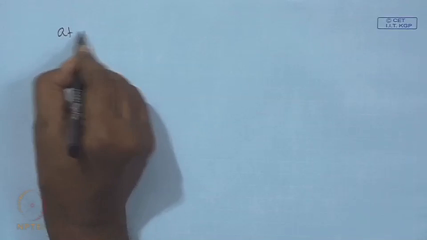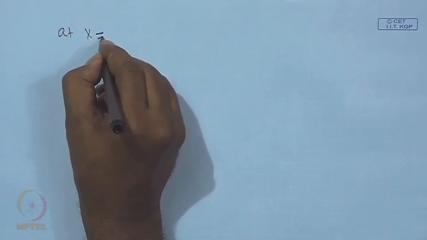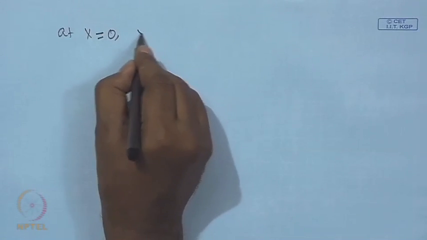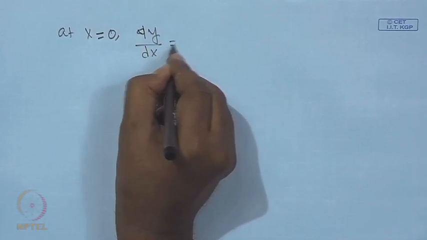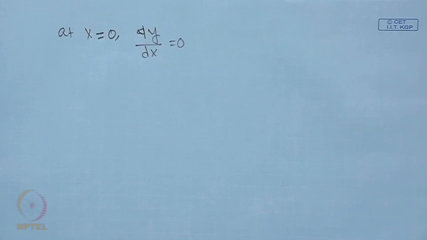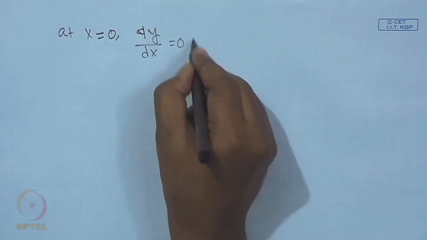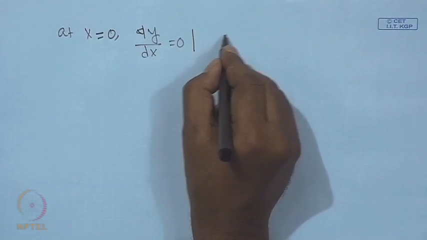The first boundary condition is, at x is equal to 0, dy dx is equal to 0. So, if we put this boundary condition, let us see what our solution is.